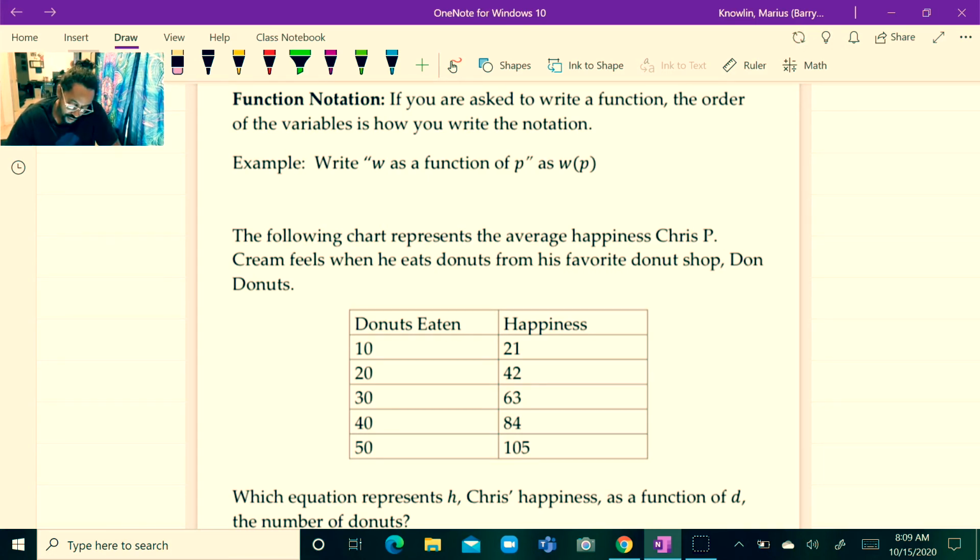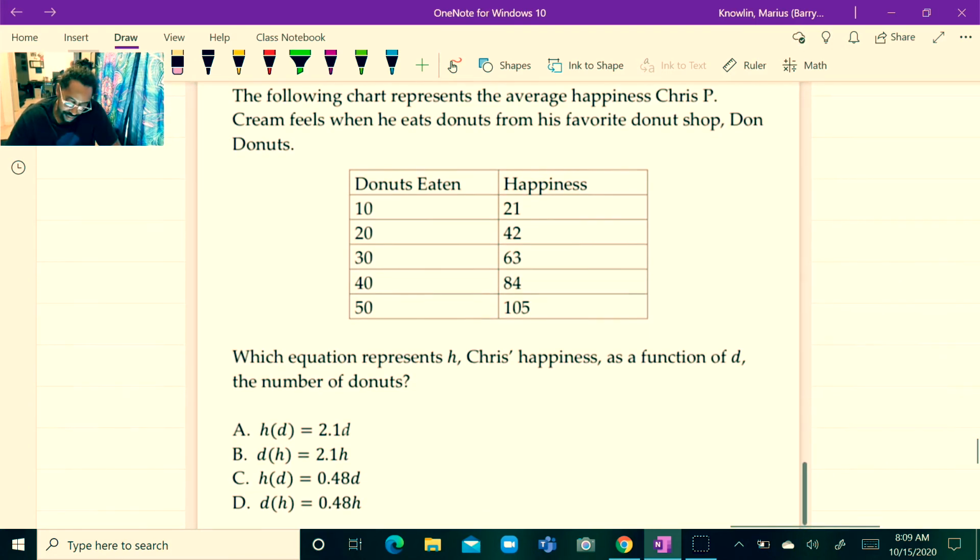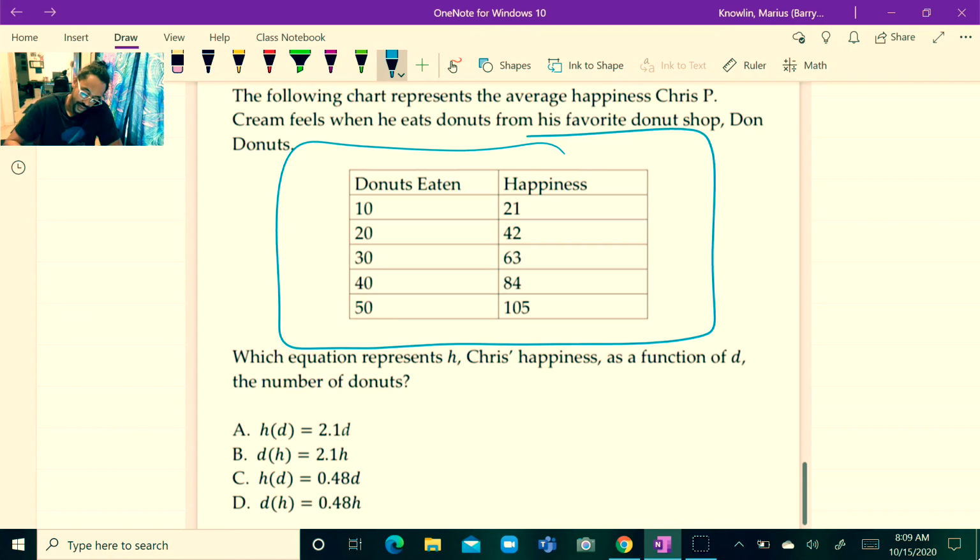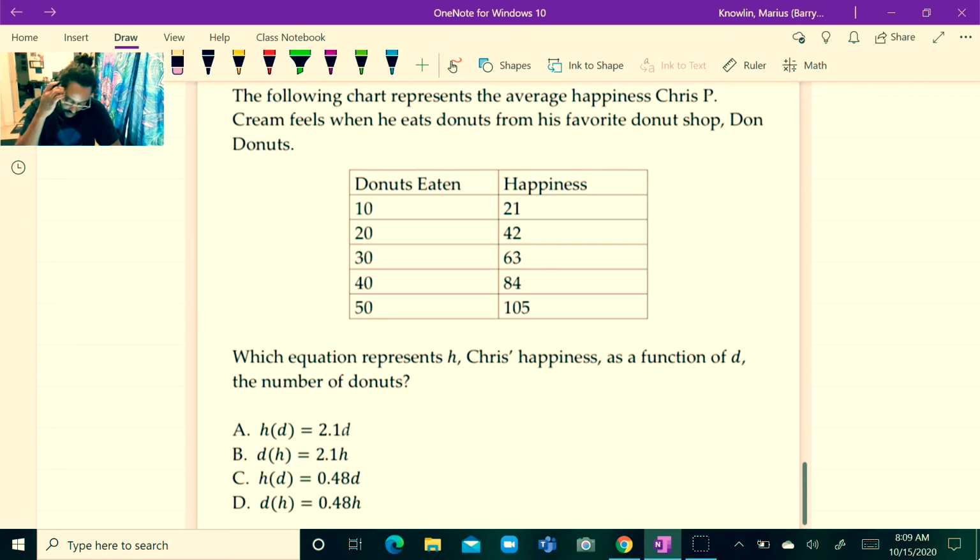So, the following chart represents the average happiness Krispy Kreme feels when he eats donuts from his favorite donut shop, Don Donuts. So, we have our table here, and we can label, and this is going to be obviously D, and this is H, okay?